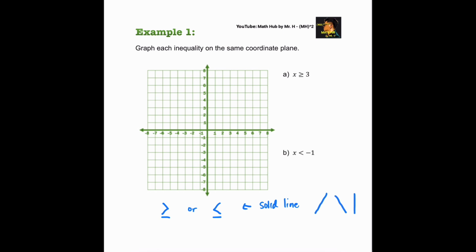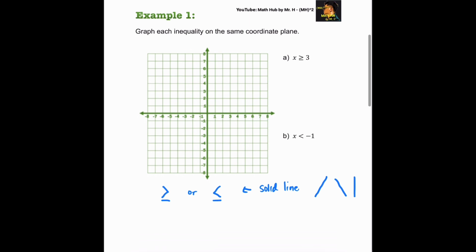Now, if you're seeing an inequality symbol that is, say, greater than or just less than, definitely the line graph will be a dotted line. Some say it's a broken line. Line graphs like this.